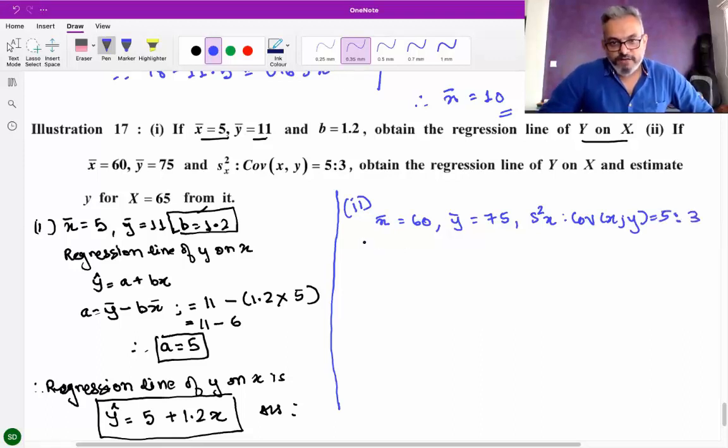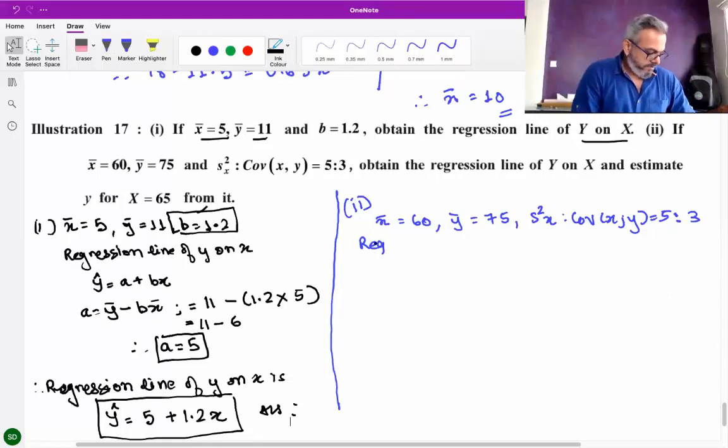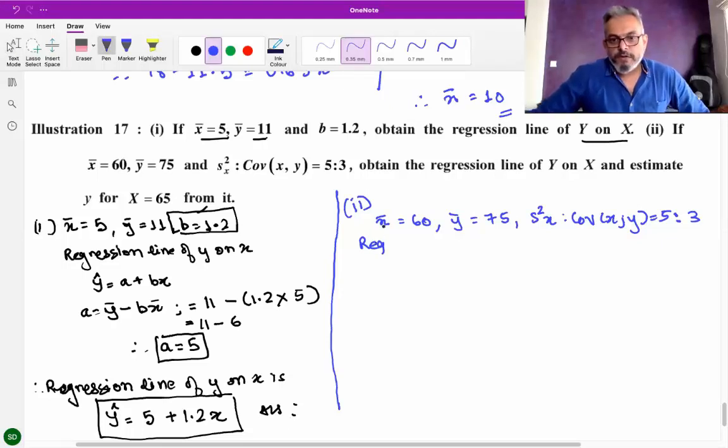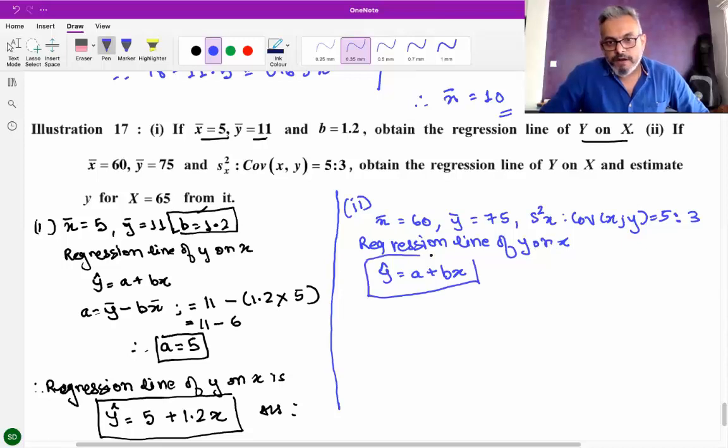First, let's find regression line. Regression line of y on x. Y cap is equal to a plus bx. Now, first let's find out b.